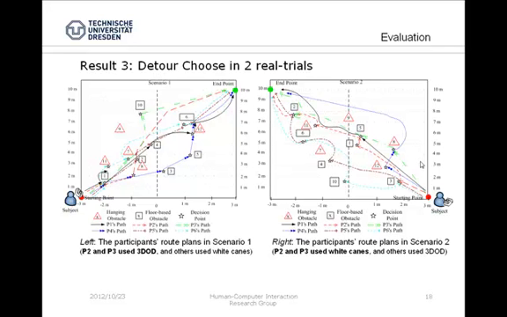P2 and P3 use the 3D OD system, and the others use white canes. Then in scenario 2, on the right side, only P2 and P3 use white canes, and the other users use the 3D OD system.